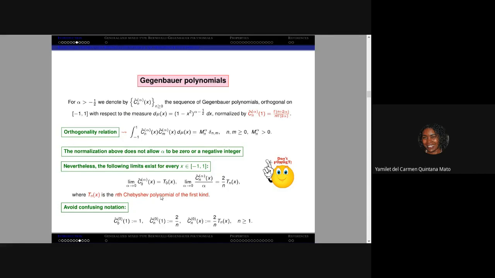Nevertheless, the following limit exists for x in the interval [-1, 1], so that we can define the Gegenbauer polynomial of parameter alpha equal to 0 in terms of the Chebyshev polynomial of the first kind.